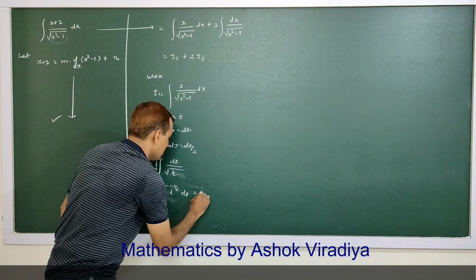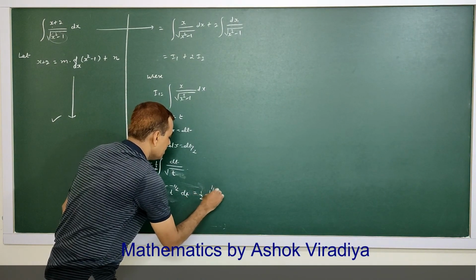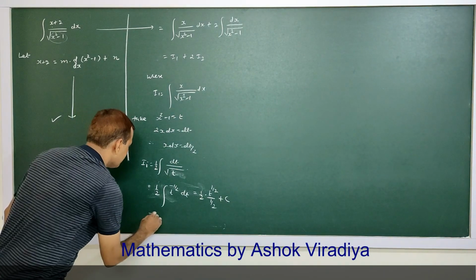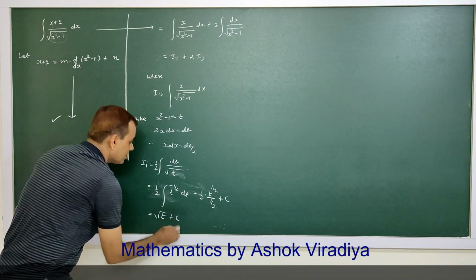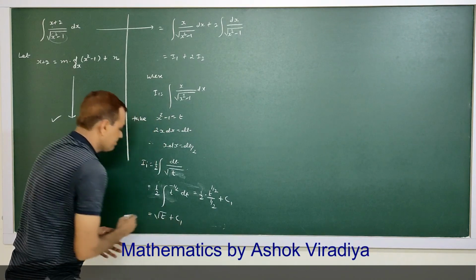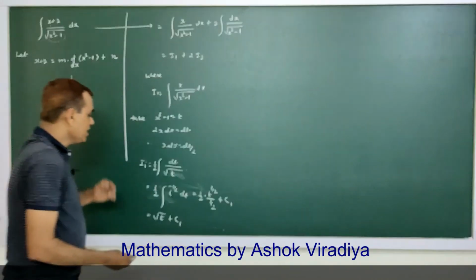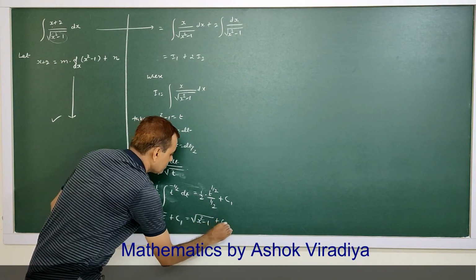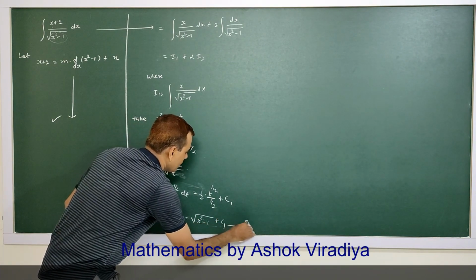That is 1 by 2 times t raised to 1 by 2 upon 1 by 2 plus c. So it is root t plus c. We take here c1. T is root x square minus 1. So say this is 1.